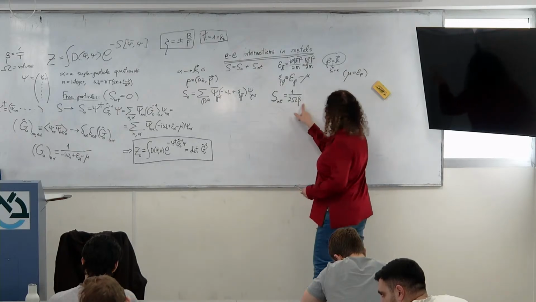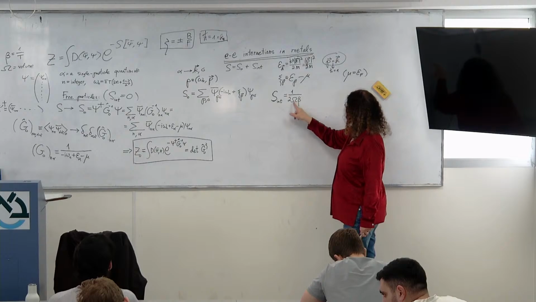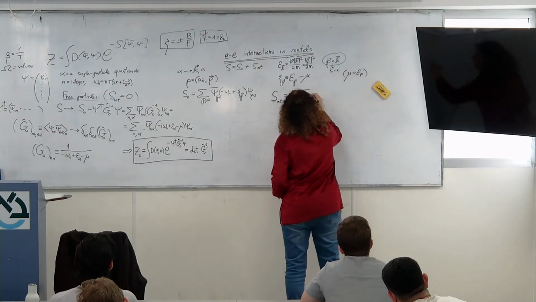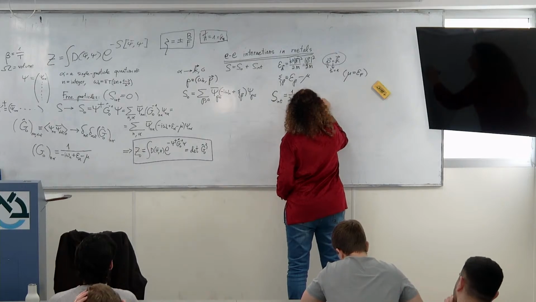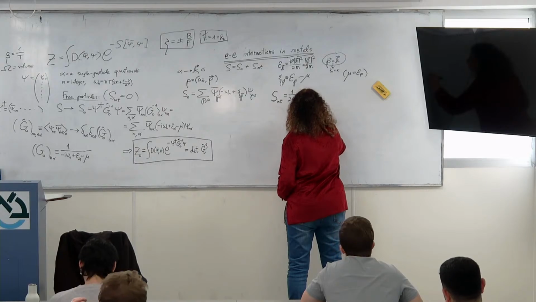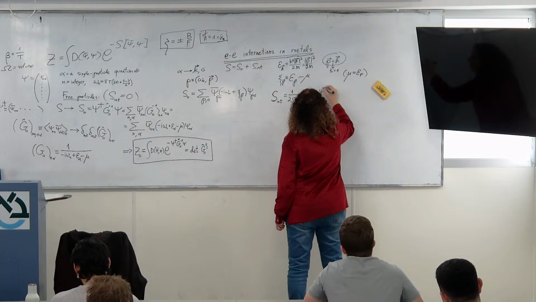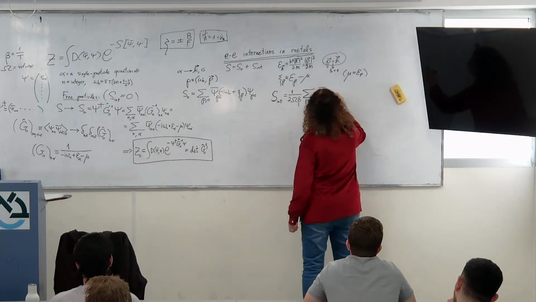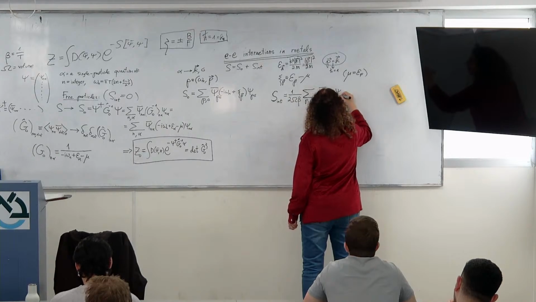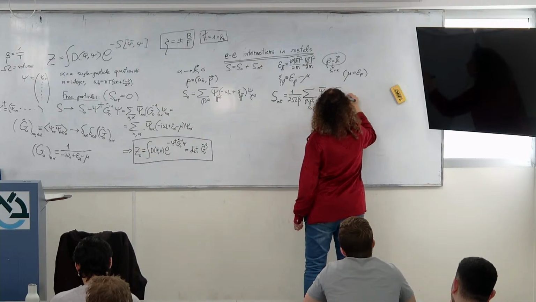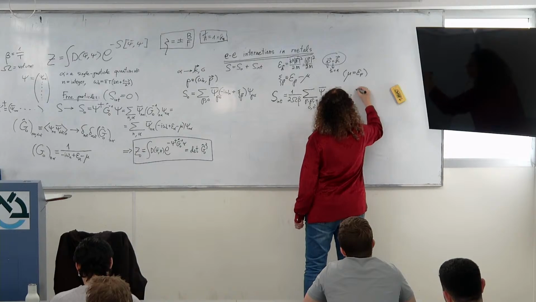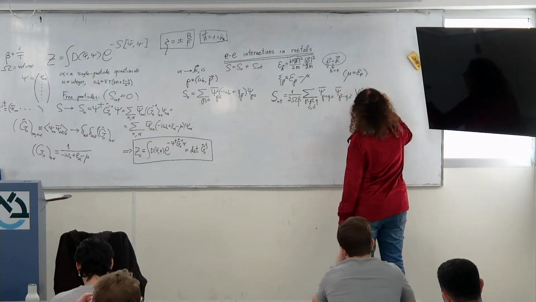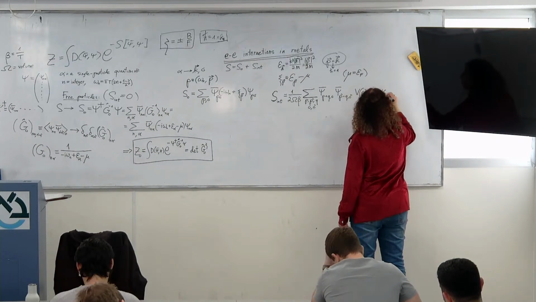So there's a prefactor that contains a volume in space and a length in time, in imaginary time, and then there is a sum over 3 momenta and 2 spin indices, and it has the following form: psi bar of P plus Q sigma, psi bar of P prime minus Q sigma prime, V_Q, psi P prime sigma prime, psi P sigma. Okay?